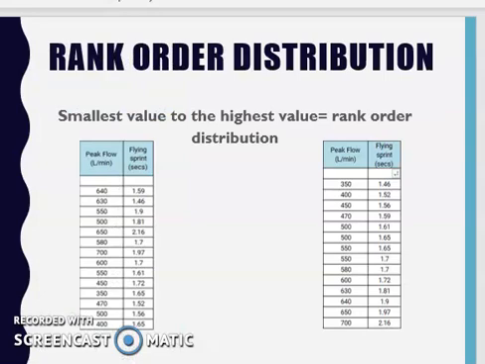Rank order distribution. This is the smallest value to the highest value. Adams et al. 2010 states, rank order distribution means placing your data in order, listed from the lowest to the highest in a single column, which ensures it includes all the scores.